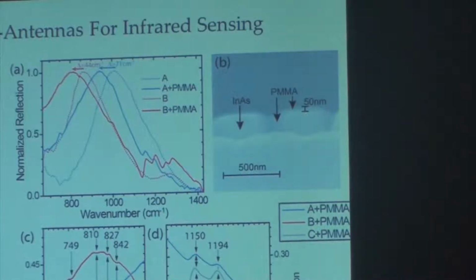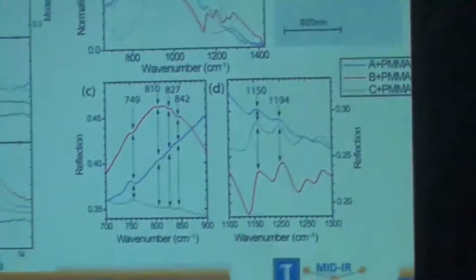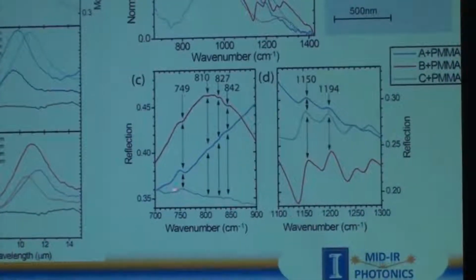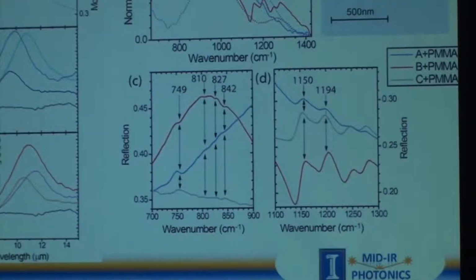Right? What you see, in fact, are rather significant dips in your reflection. Okay? And you see some of those maybe showing up in the coated control sample, but realistically they're much clearer, much stronger when you're sitting on the resonance of your nano antennas.